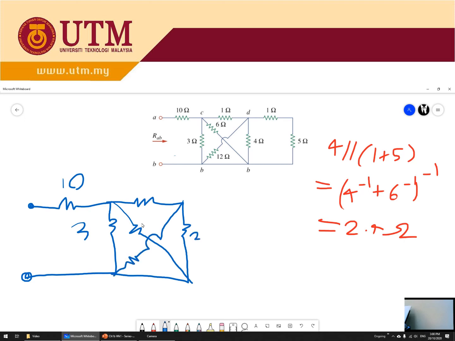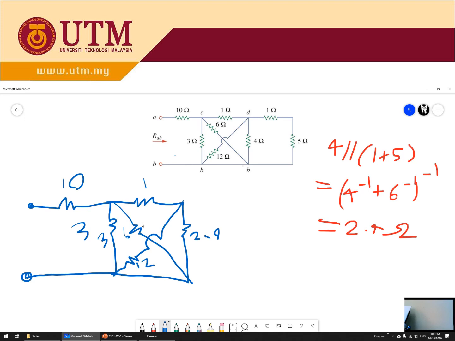Okay, this one equals 2.4. Okay, 1, 6, 12, 3. So if you can see here, this one, the wire jump. The wire jump is here.